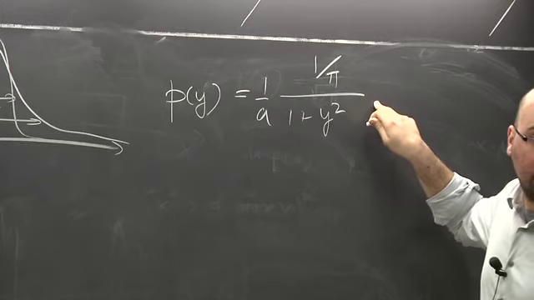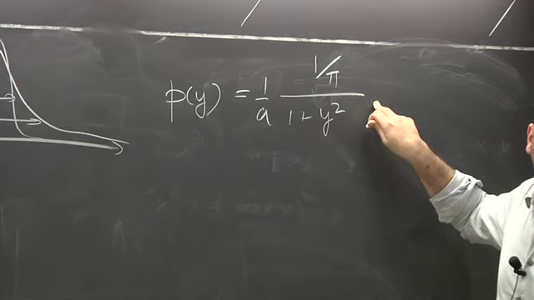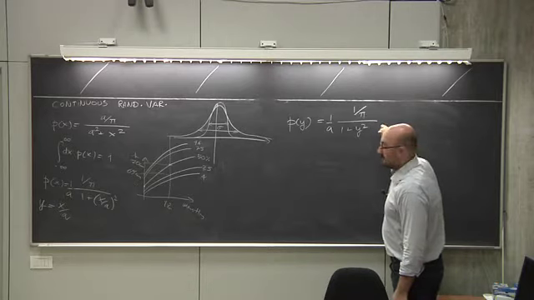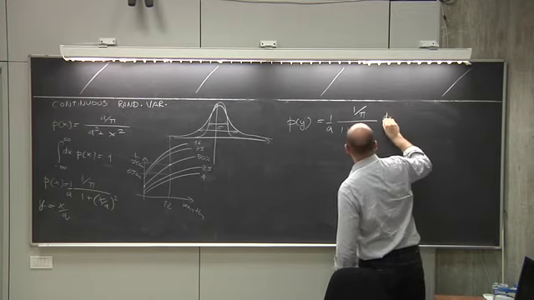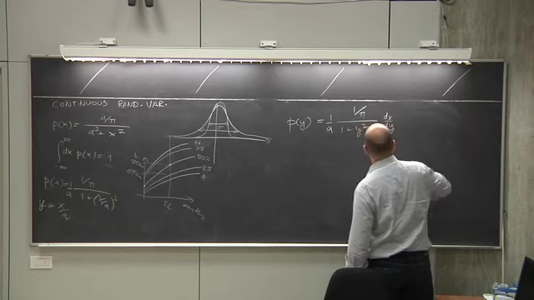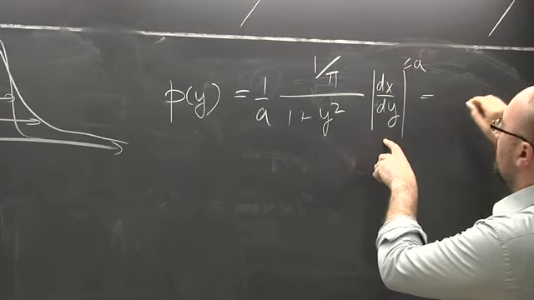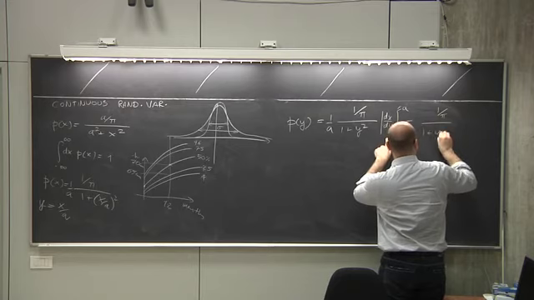Because when I change variables, the probability distribution changes by the Jacobian. Why is this? The Jacobian for this thing is dx by dy, which is equal to a. So this is 1 over pi, 1 plus y squared.